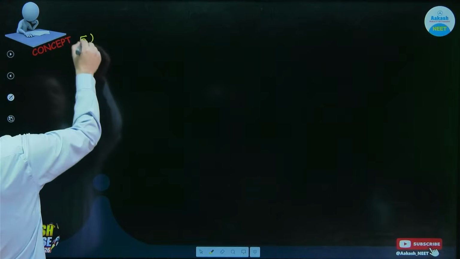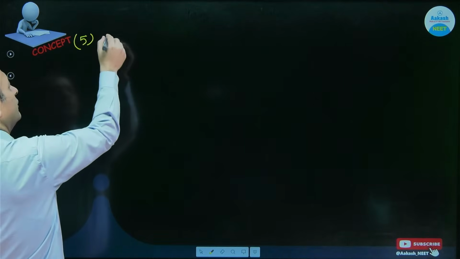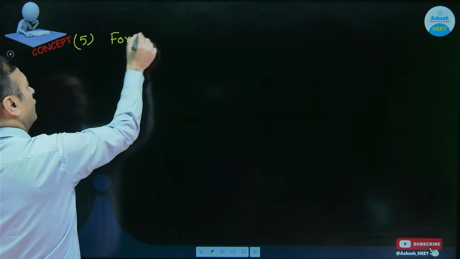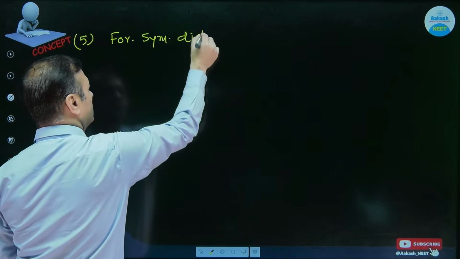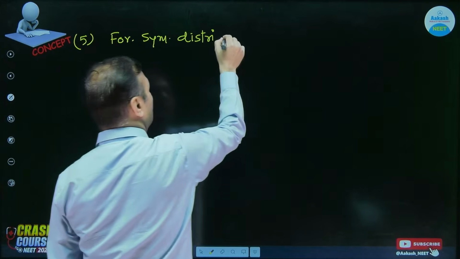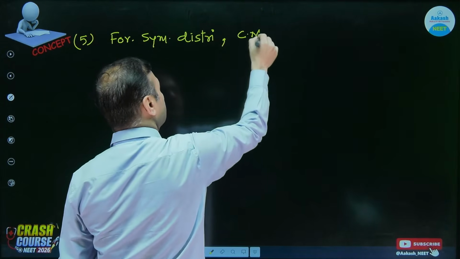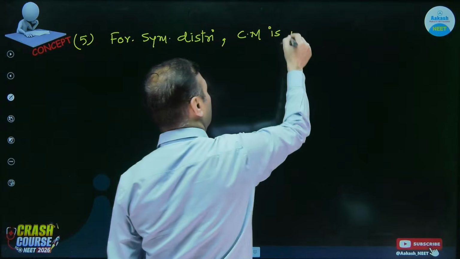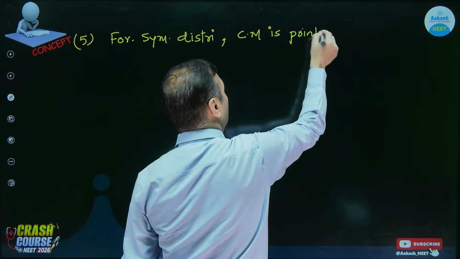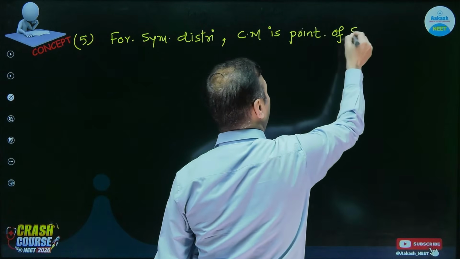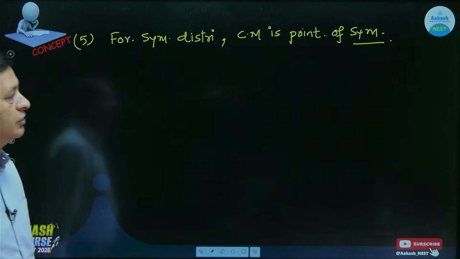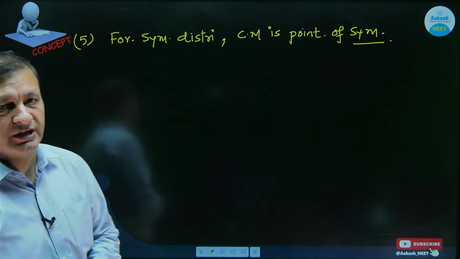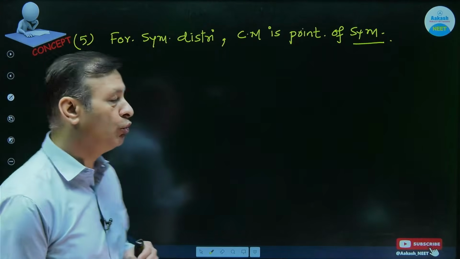Then for a symmetric distribution, center of mass is the point of symmetry. So if the distribution is symmetric, then center of mass is the point of symmetry.